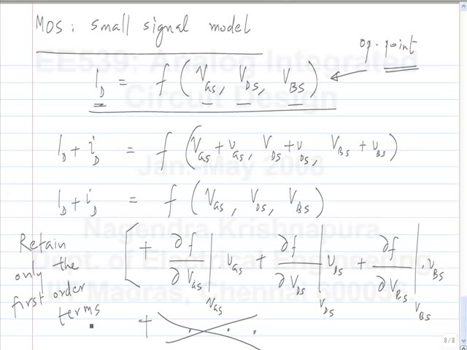The virtue of the first order terms is that they are related to the increments in the voltages by a linear relation. Basically, they are a linear combination of the increments in the cause.